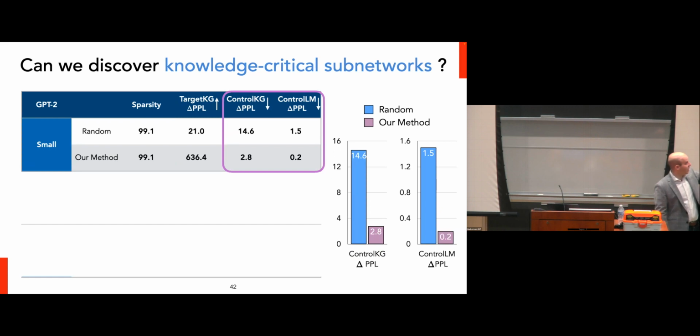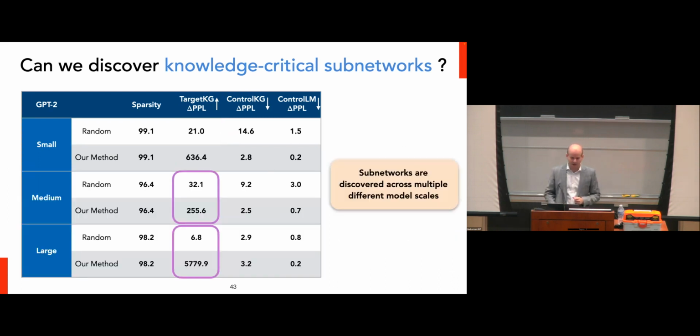However, if you look at what happens on the control side, you can see that the delta perplexity is roughly the same for the control KG as it was for the target KG for a model that has a random subnetwork at the same sparsity removed, while it is much less for our knowledge critical subnetworks, which are actually able to maintain the rest of the behaviors of the system. And this is a pattern that holds across multiple different model scales. When we use GPT-2 medium instead, we see the same patterns emerge.